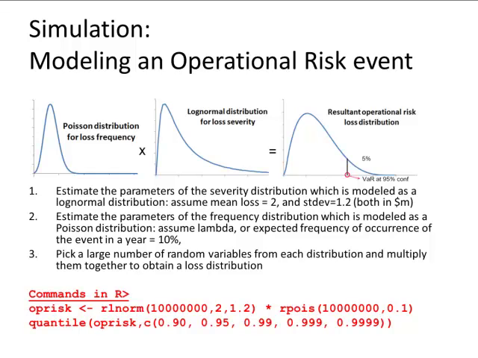So this is also 100 million, and our probability or the arrival rate of the loss event is 10% or 0.1. As you can see, we are able to do 100 million simulations within R, and we are able to store the results, 100 million data points, in a single variable called oprisk here, and then we can perform our calculations on this oprisk variable by calculating the quantiles.